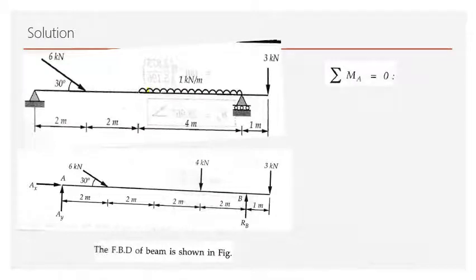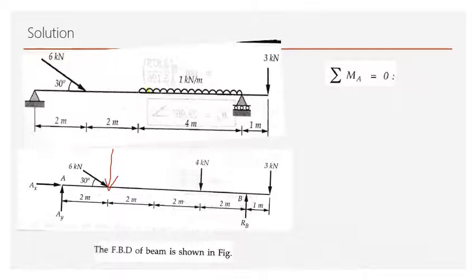Apply the condition sigma MA is equal to 0. Again, AX and AY, and the horizontal component of the 6 kilonewton passes through the point A, so does not produce any moment. The vertical component of 6 kilonewton, 6 sin 30, produces the moment, that is 6 sin 30 into 2.